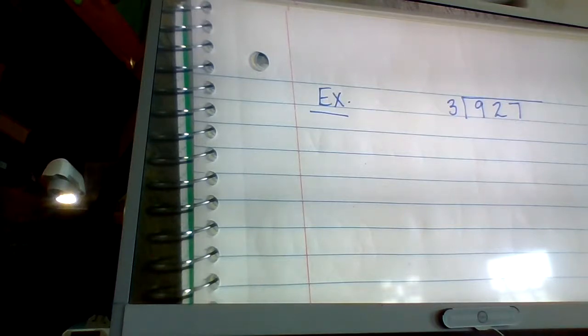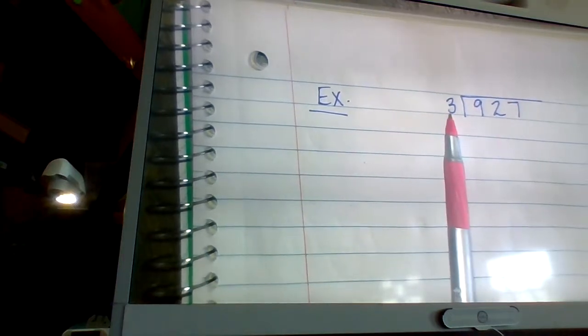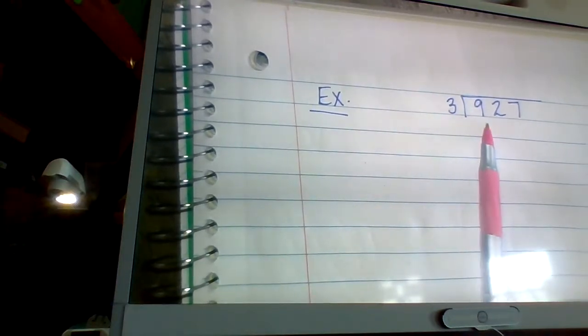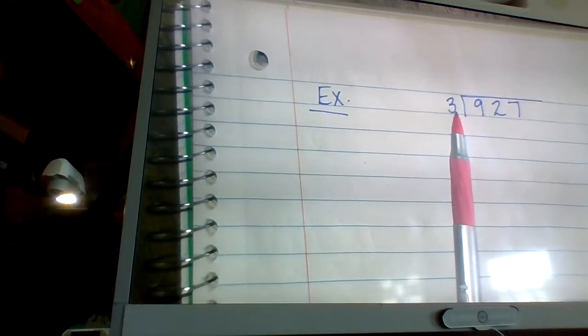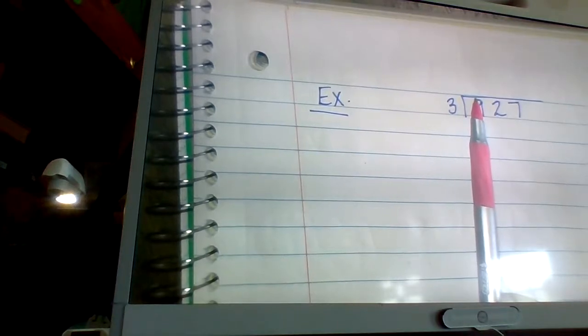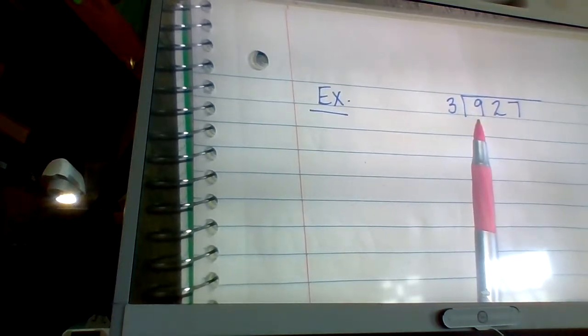So first and foremost, I want to examine each place value and ask myself, how many multiples of my divisor will go into each one of these digits? So I'm going to ask myself, well, 3 groups of how many will equal 9 or get me close to the number 9 without going over?